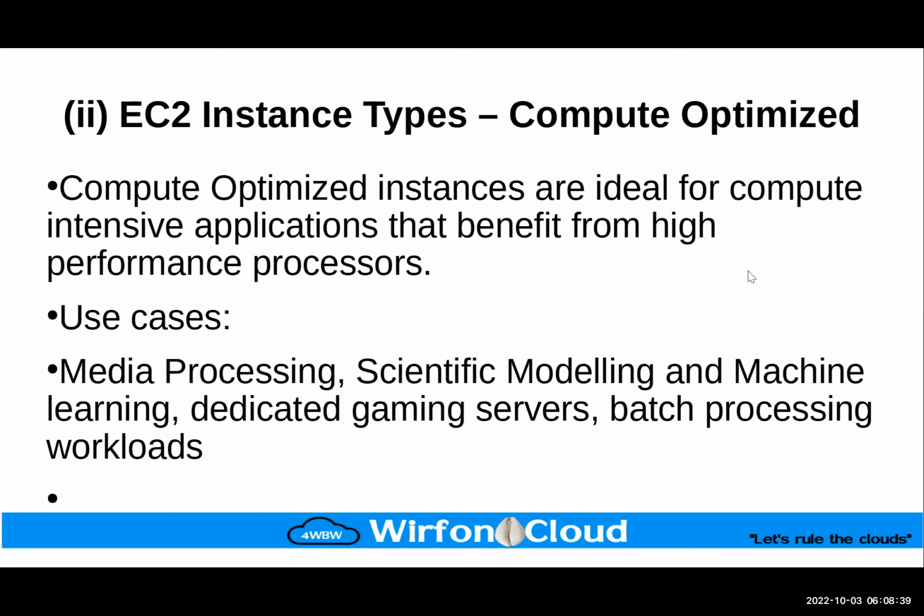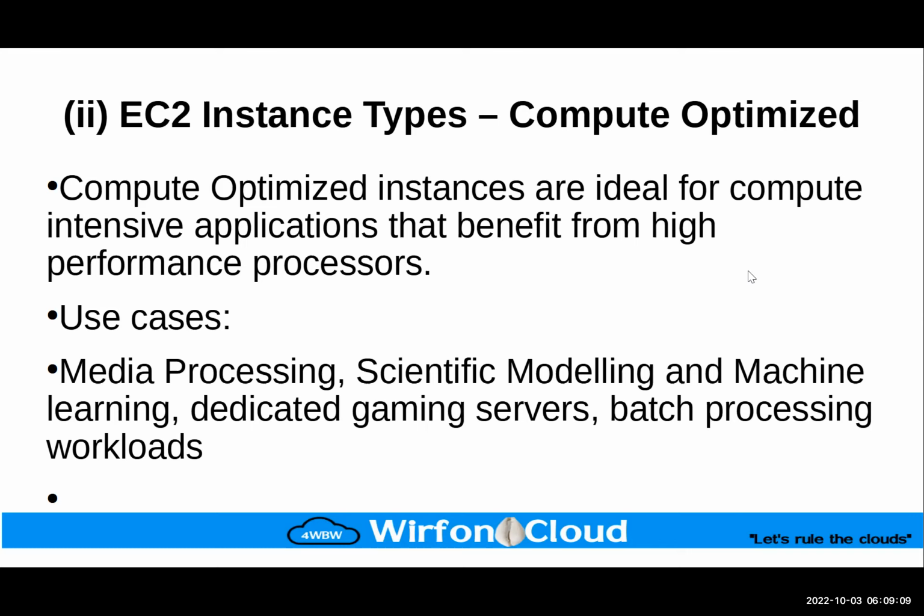Then you have the compute optimized. Compute optimized are ideal for compute intensive applications that require high performance processors. And the use cases here are for media processing. You might have videos that need to be processed, then you need a lot of compute power, and scientific modeling and machine learning.